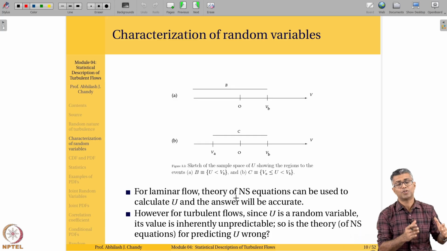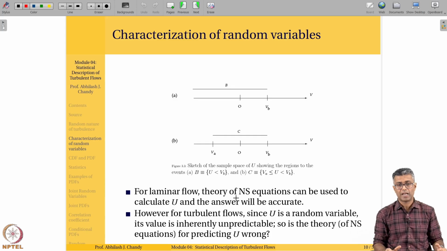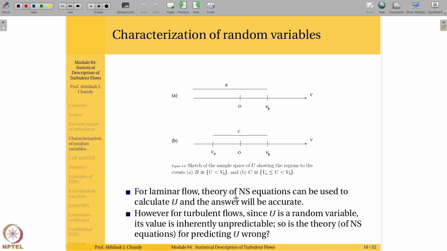You either say that you're not going to describe turbulent flow behavior with Navier-Stokes equations because they are random, or you say that you are going to represent the turbulent flow behavior with a deterministic set of equations like the Navier-Stokes equations and do not call them random, though they are seemingly random. And that is what we have touched upon in this class.